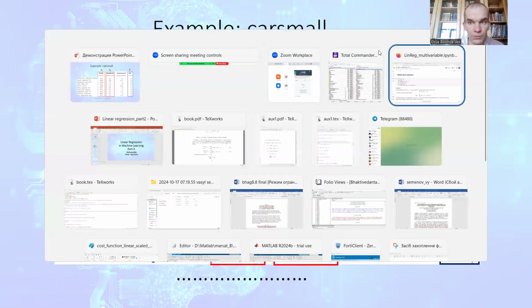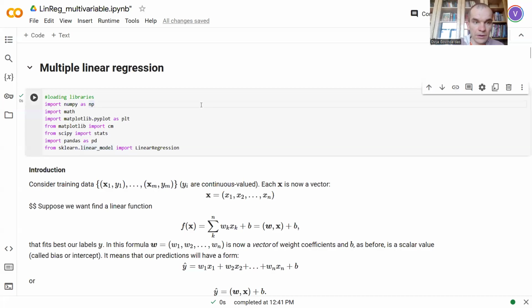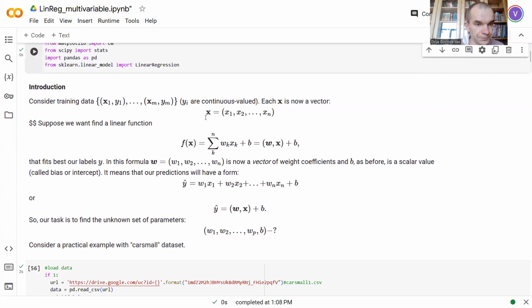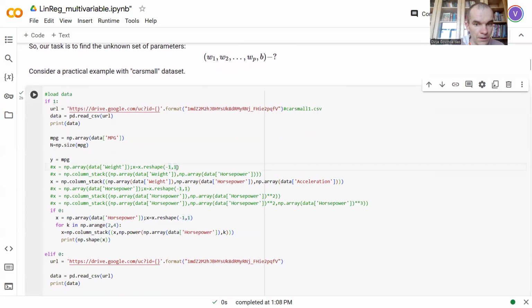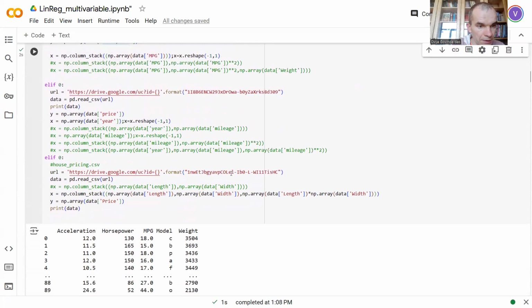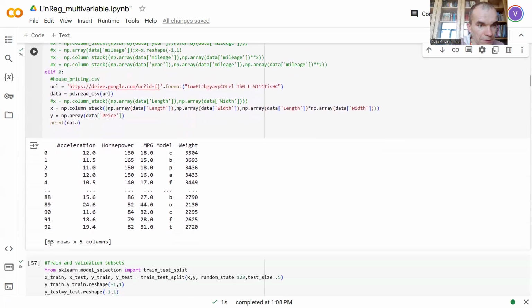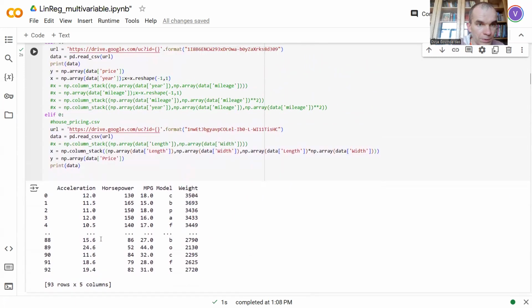Let me move into Colab. I will load the necessary libraries. Also, I will load two coordinates, weight and horsepower. So we'll have 93 cars characterized by two parameters.